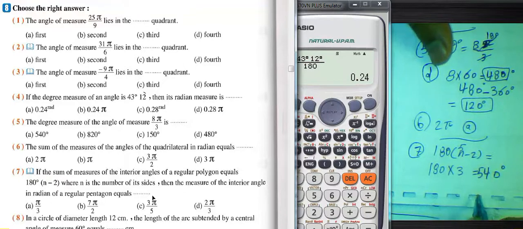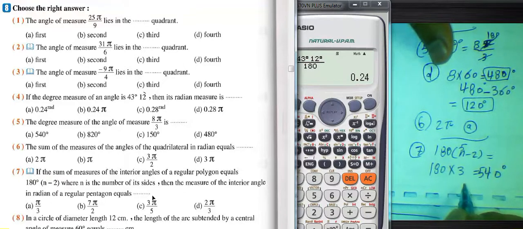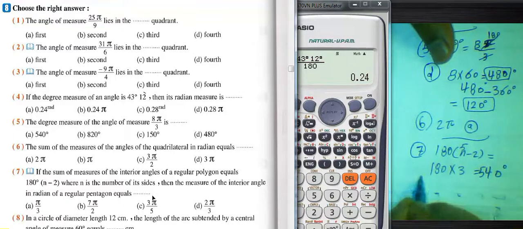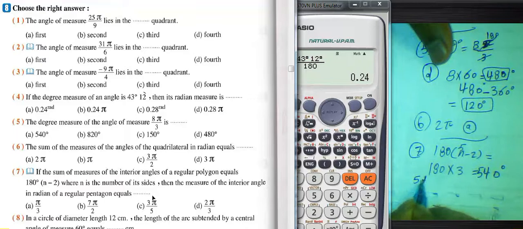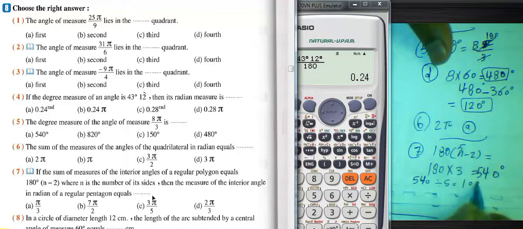To find one interior angle, divide by 5. 540 divided by 5, the result will be 108.